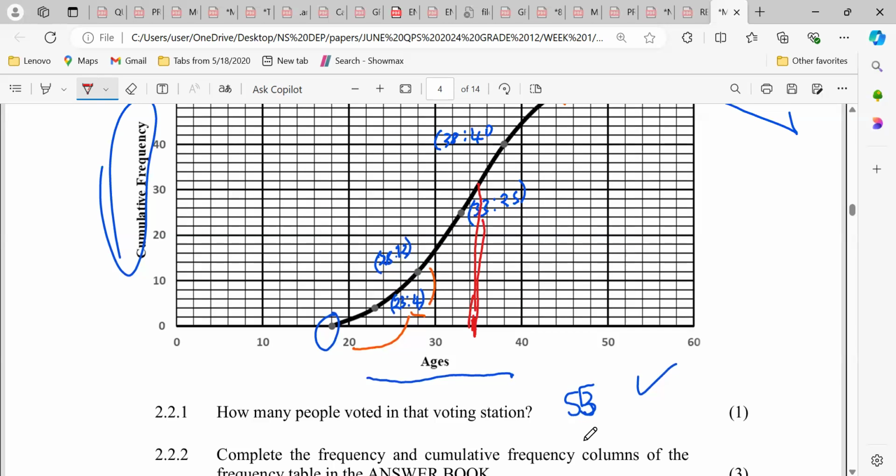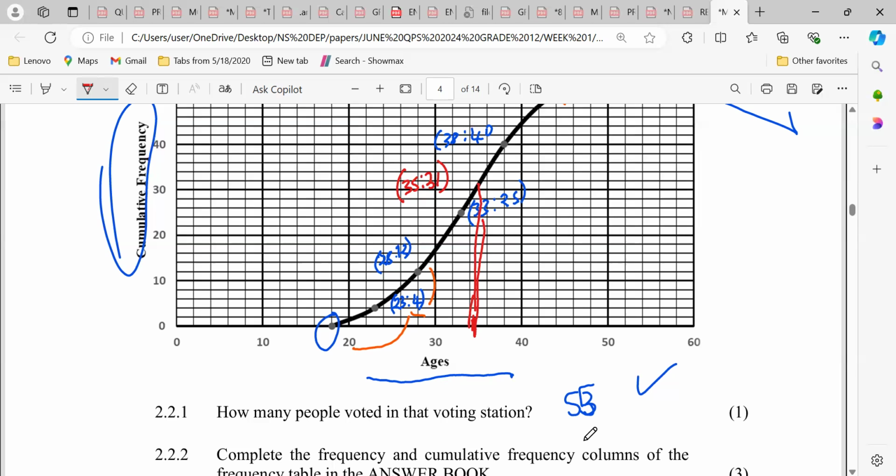And then you're going to check what is the Y value which corresponds with this point. If you do it exactly in the middle, you will see this point, which is 35, goes with 31. We usually use plus minus 2. So there are 31 people who are 35 years.